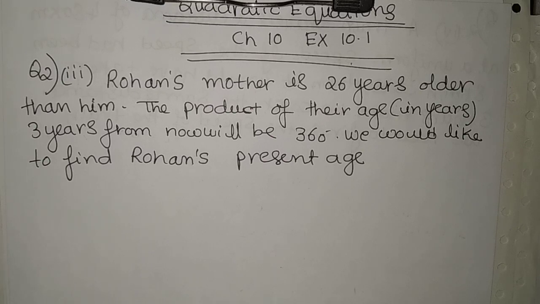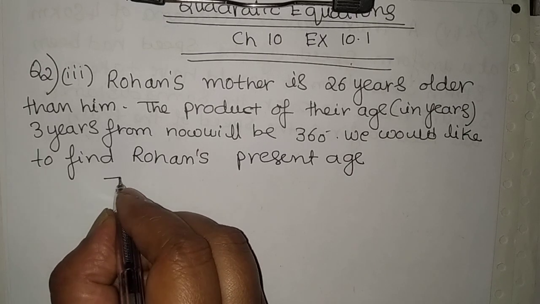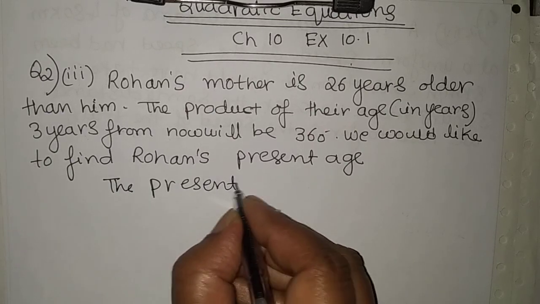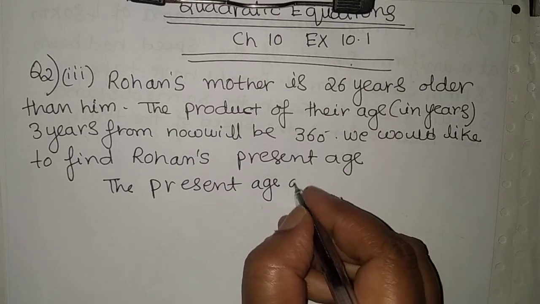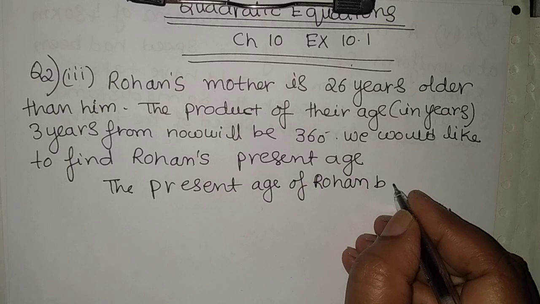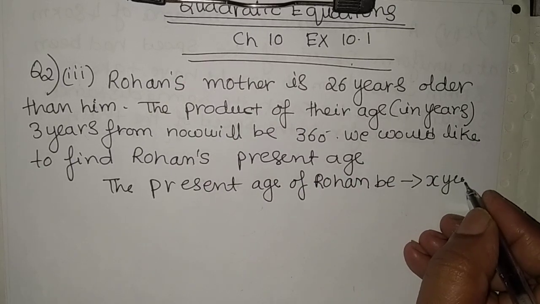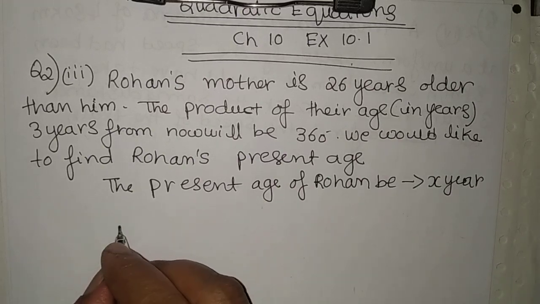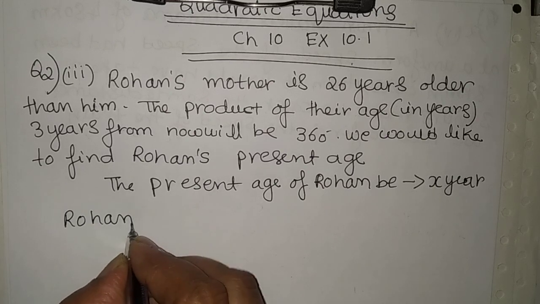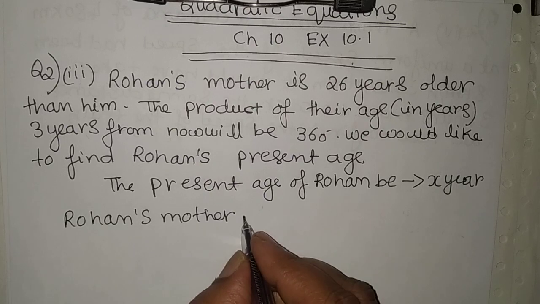So we will see what the given data are. We will just assume the present age of Rohan is equal to x years. Next is Rohan's mother's age.